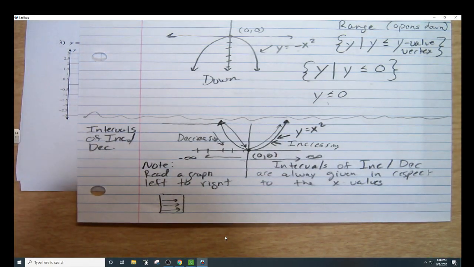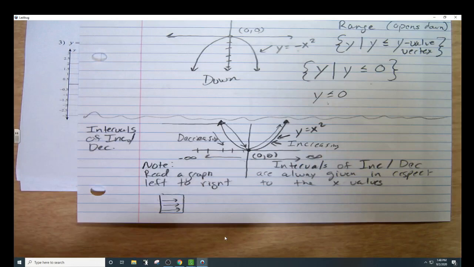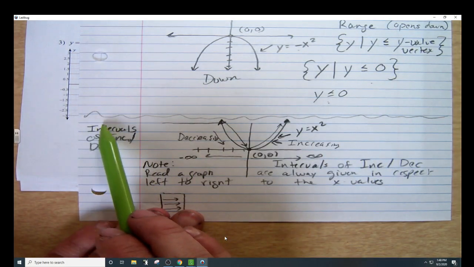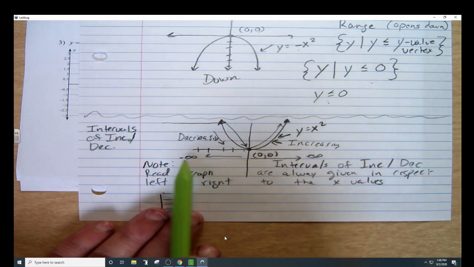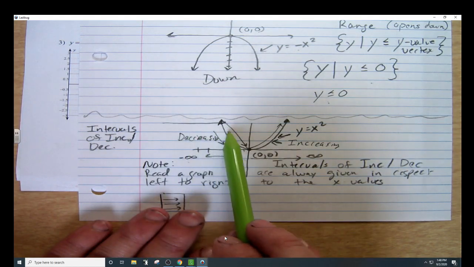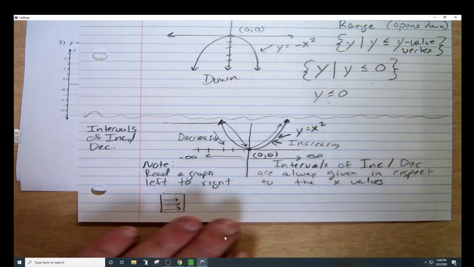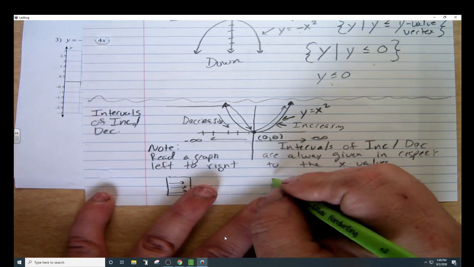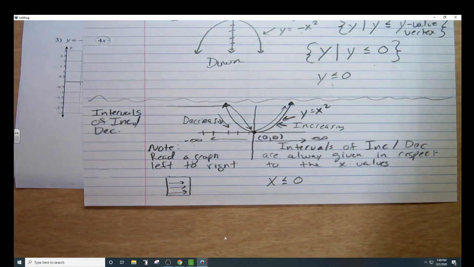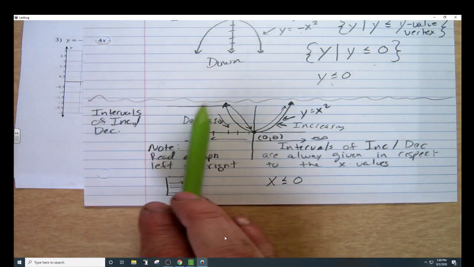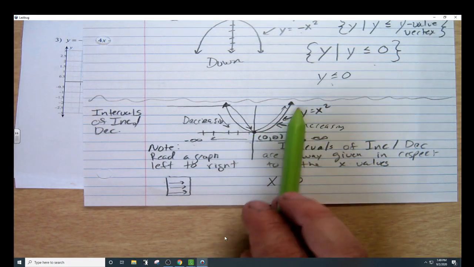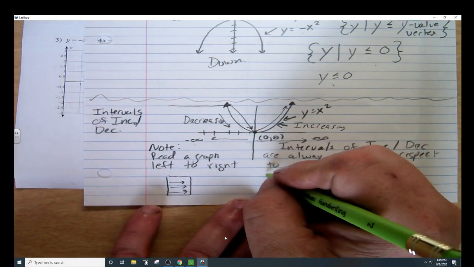So that being said, if you start the roller coaster way over here at negative infinity, you're coming this way, and then all of a sudden you're decreasing. So you actually started decreasing when x values were less than 0. You started decreasing here, and as soon as you got to the vertex at 0, you started going back uphill. So this is your decreasing.